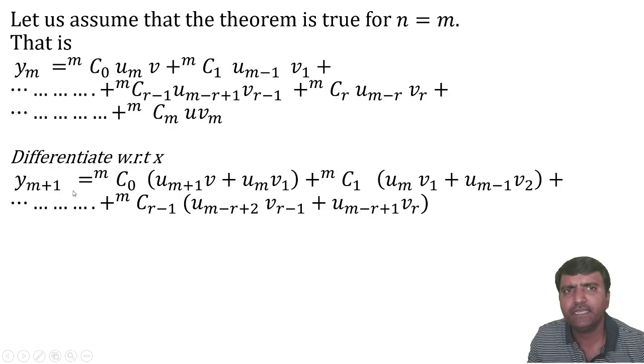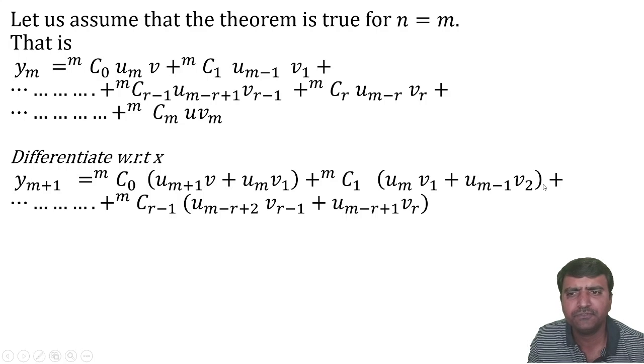Differentiation of y_m is y_(m+1). Plus mC0 is a constant, you keep that as it is. Differentiation of u_m is u_(m+1) into v, keep it as it is, plus u_m you keep as it is. Differentiation of v is v1. Plus similarly mC1 u_(m-1): differentiation is u_m v1 as it is, plus u_(m-1) keep it as it is.